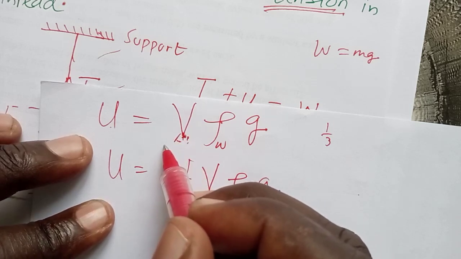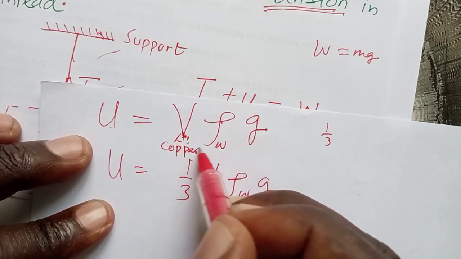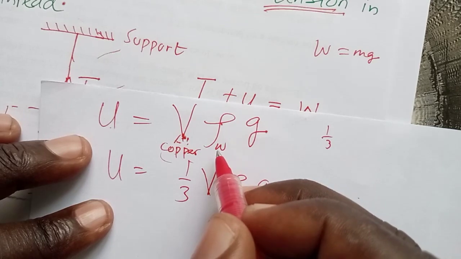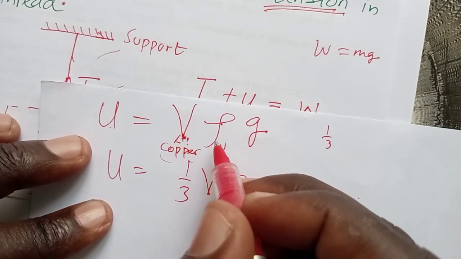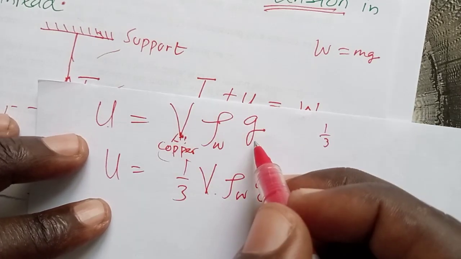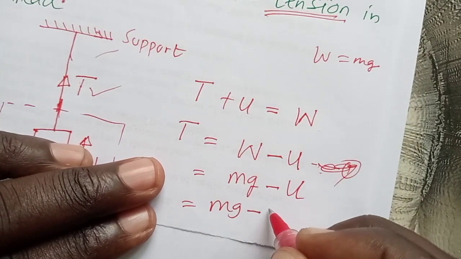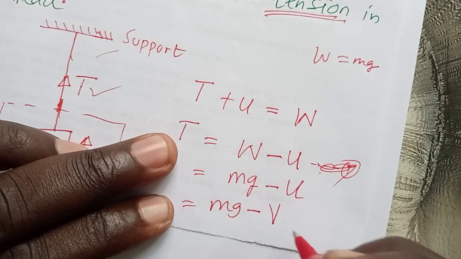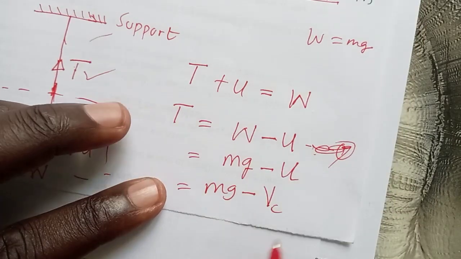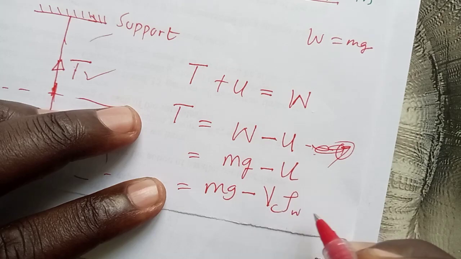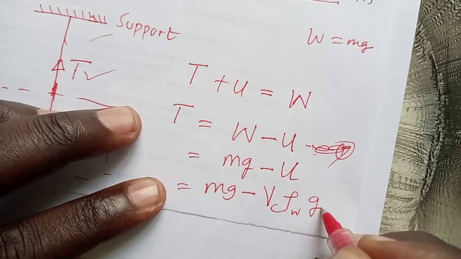So this is the volume of the copper. Don't forget that. But then this density should be the density of water, and then g. So instead of U, I can say mg minus V, the volume of copper, times rho for water, times g.